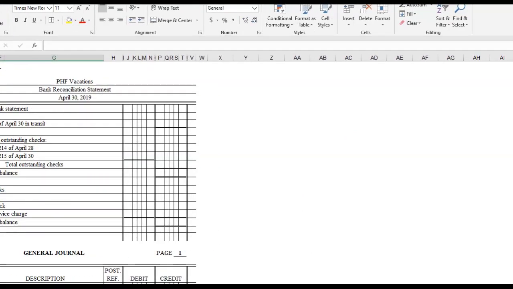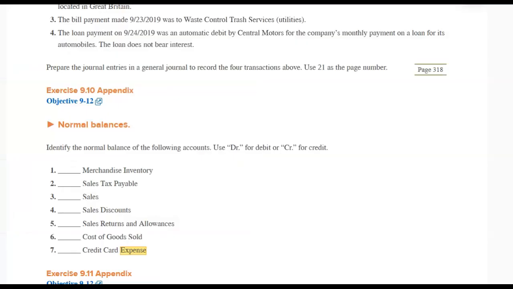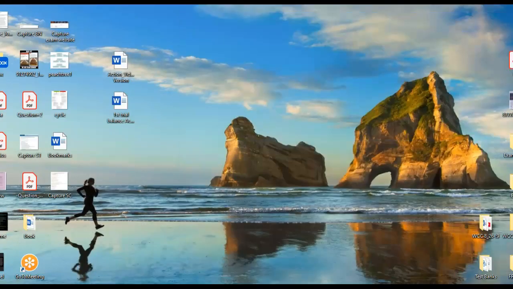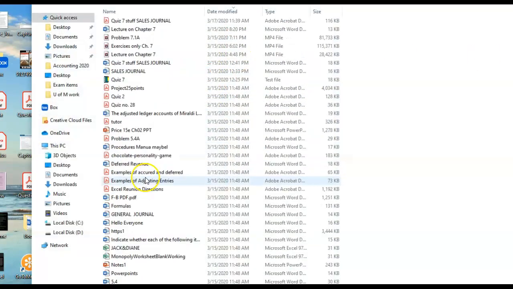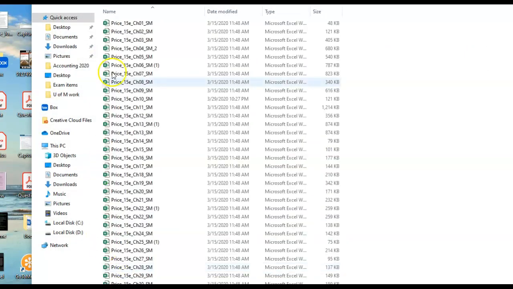I don't have that one on me, so I'm going to go ahead and look that one up right now. And this one is going to be solutions 9.